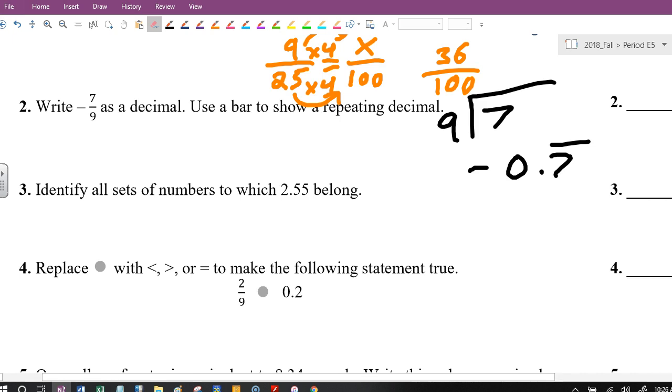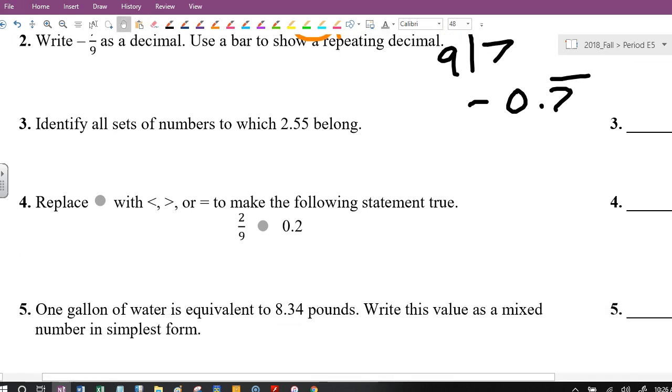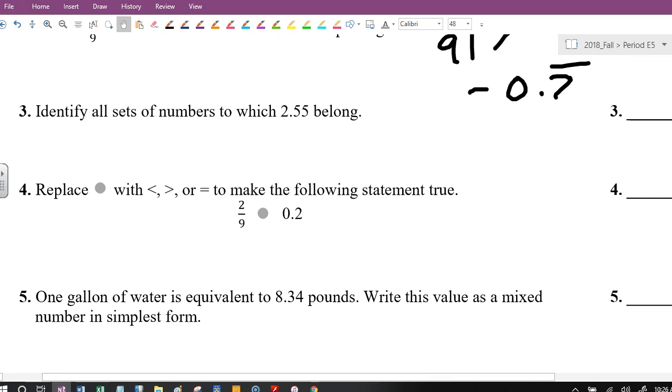All right, here we go. Now, do you guys remember what number 3 is talking about? The sets of numbers. Which one? It belongs to the rational and the real. Rational and real numbers. Okay, why rational?